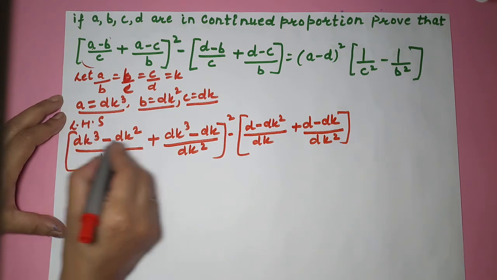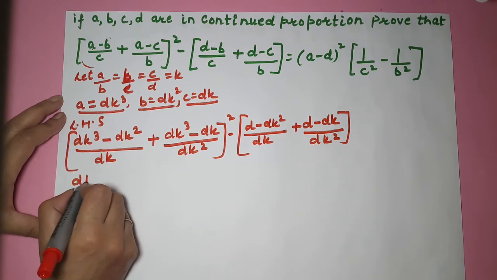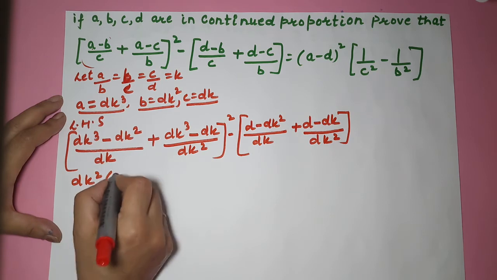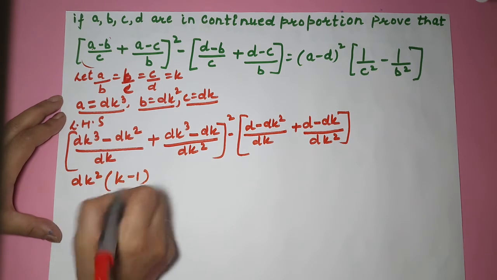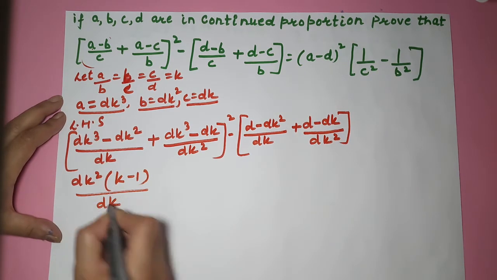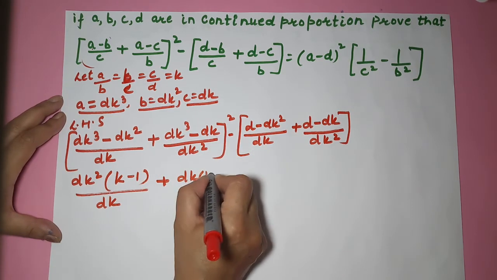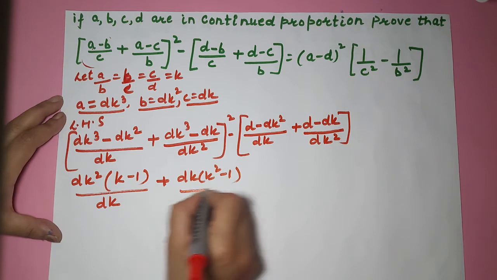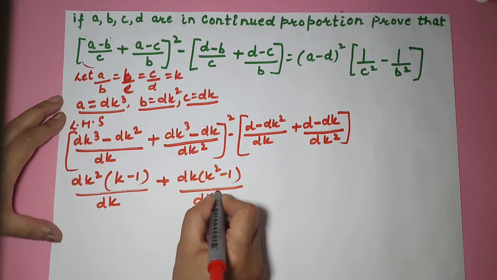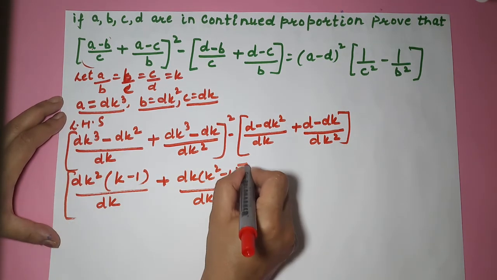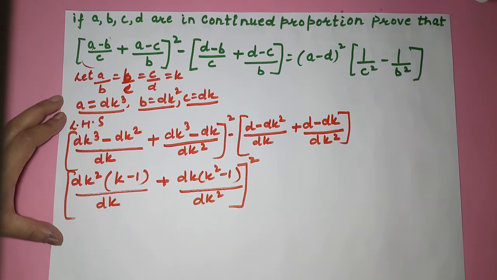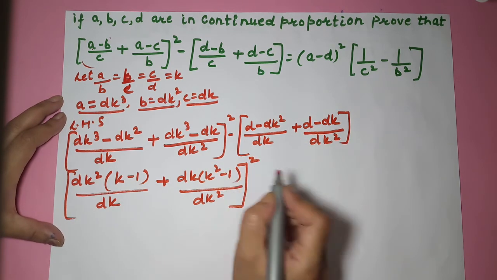Now what will I do here? I can take DK square common. What is left? K minus 1, and here I have DK. Here I can take DK common. I get K square minus 1, and in the denominator I have DK square, and this is happening inside the square. Fine. Not square root, but inside the square.